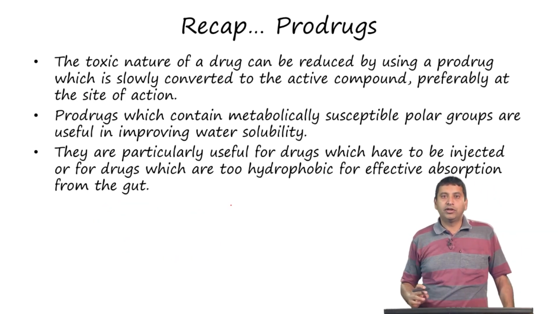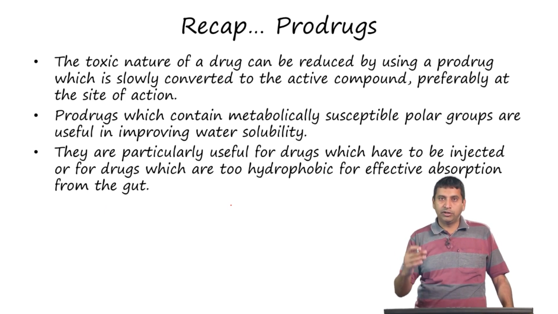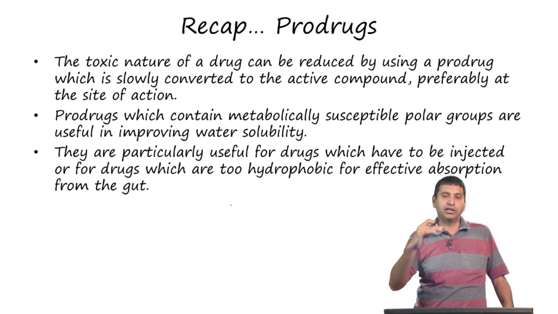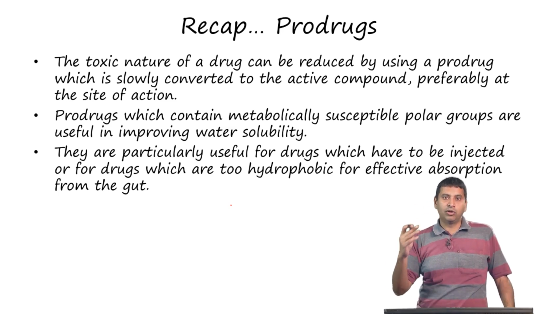The toxic nature of a drug can also be reduced by using a prodrug, which is then slowly converted to the active drug. Since we can now play with the therapeutic window by sampling the toxic threshold at a later stage, we are able to modulate the level of toxicity.